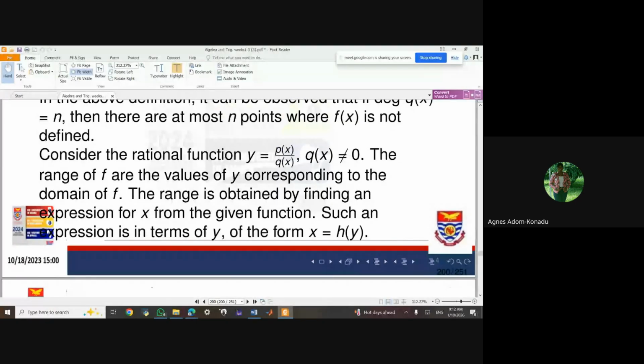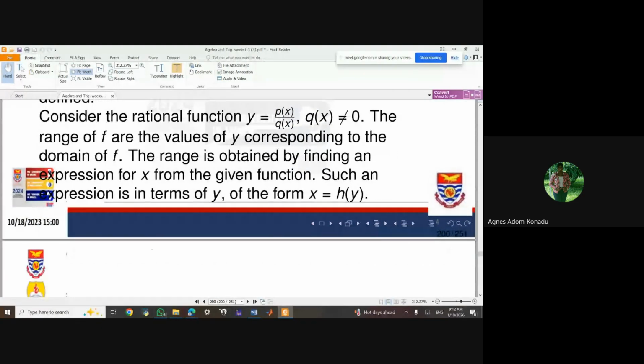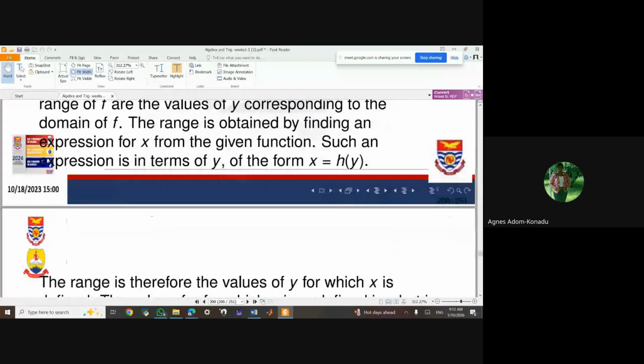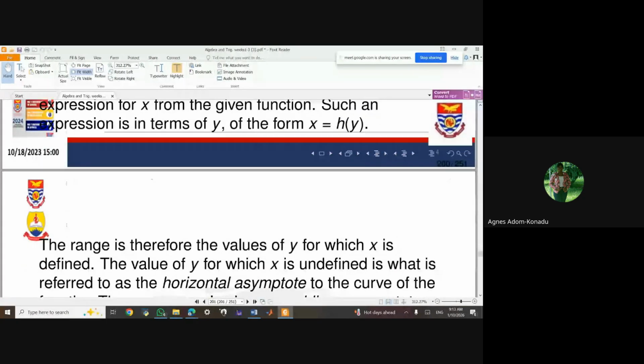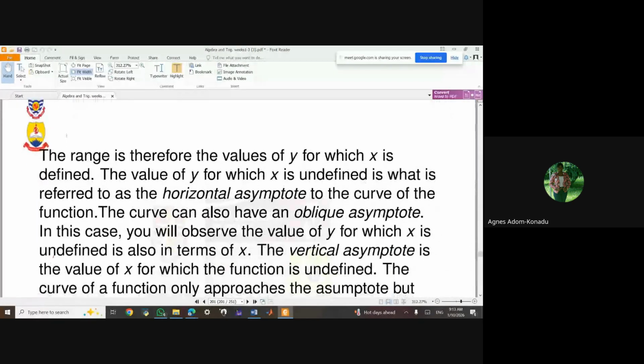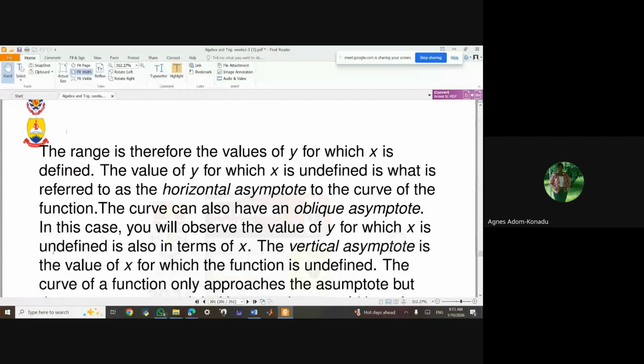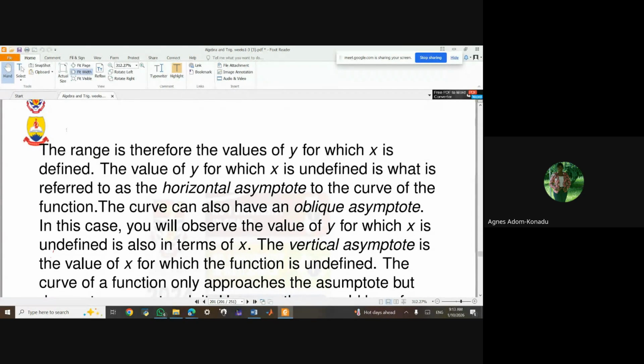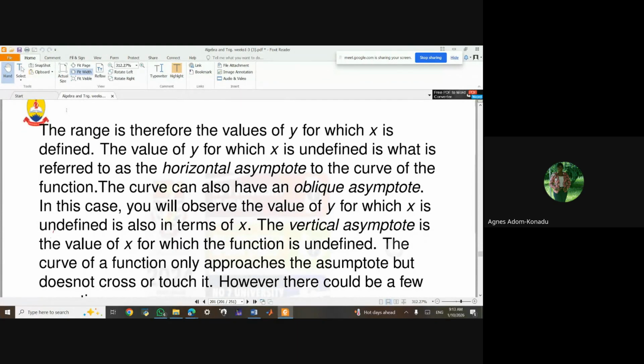The range is obtained by finding an expression for s from the given function. Such an expression is in terms of y, of the form s equal to h of y. The range is therefore the value of y for which s is defined. The value of y for which s is undefined is what is referred to as the horizontal asymptote to the curve of the function.